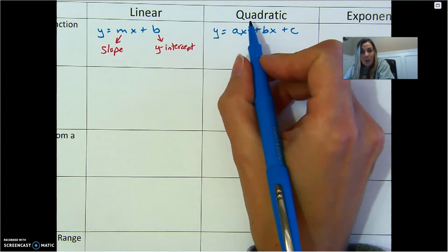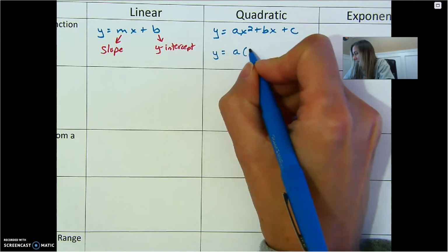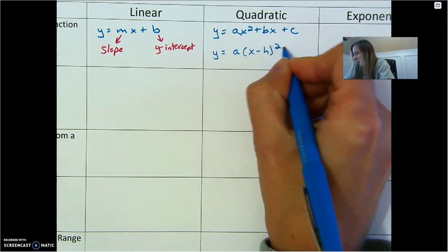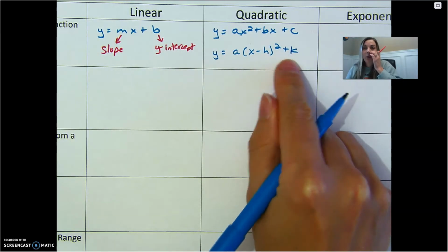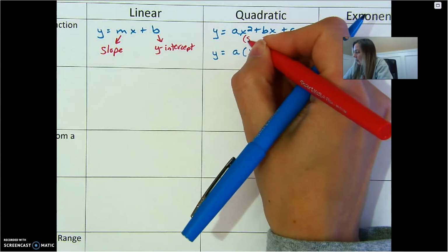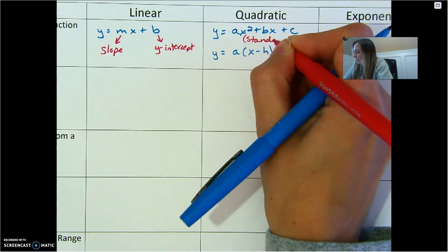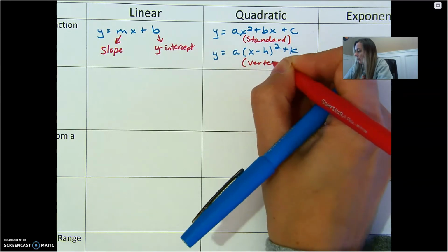So anywho, quadratic could also be written like this. Y equals a(x minus h) squared plus k. Right? Remember, that allowed us to see the vertex real clear. So this first one is called standard form. The second one is vertex form.